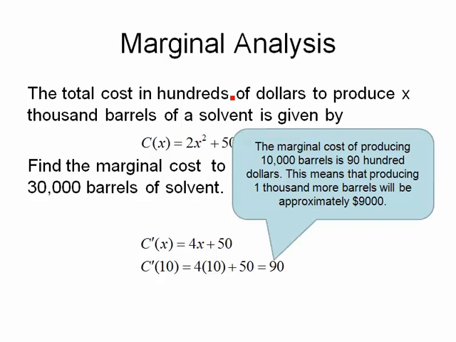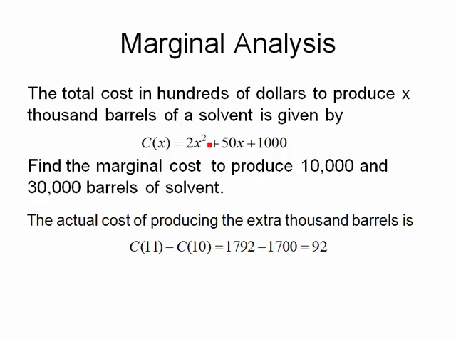That means that the marginal cost of producing 10,000 barrels is $9,000. Remember, the output was in hundreds of dollars, so 90 is $9,000. So this means that producing 1,000 barrels more, 1 unit, and the units here are thousands of barrels, will cost approximately $9,000.